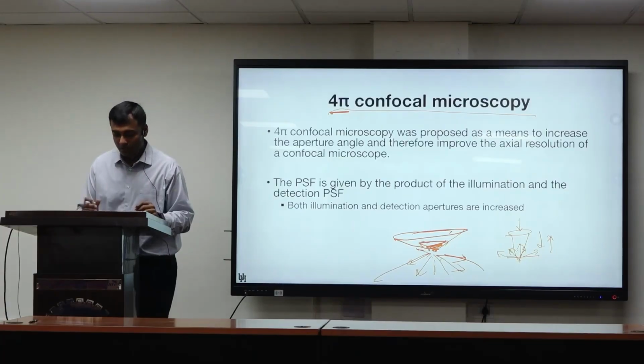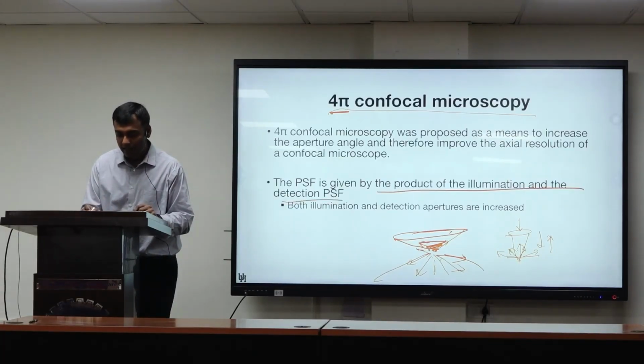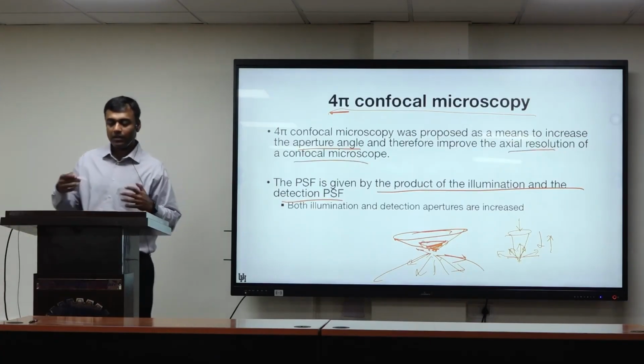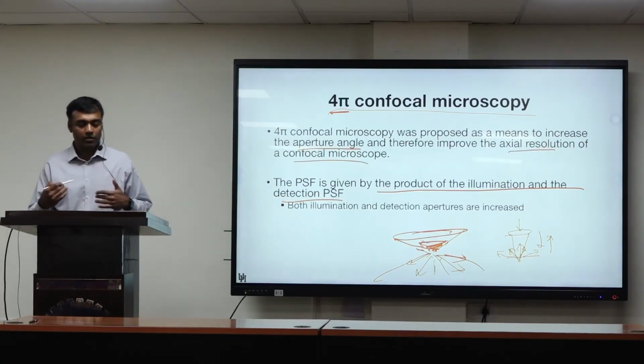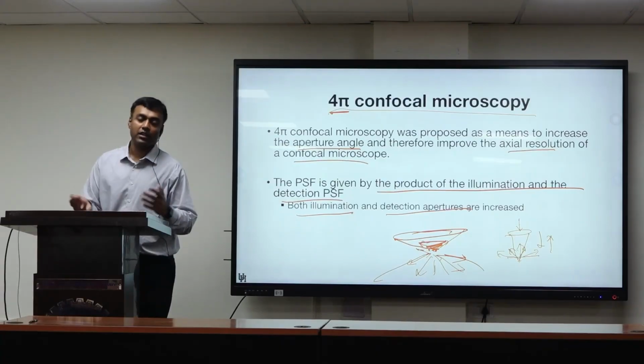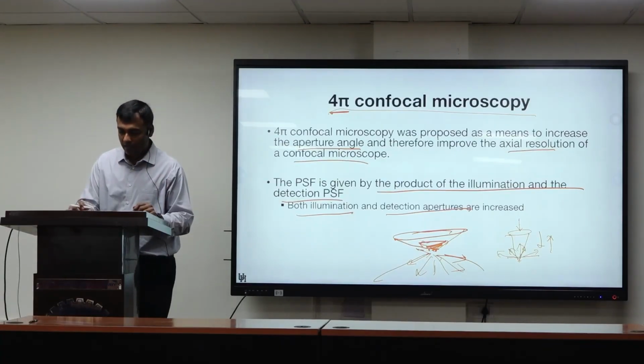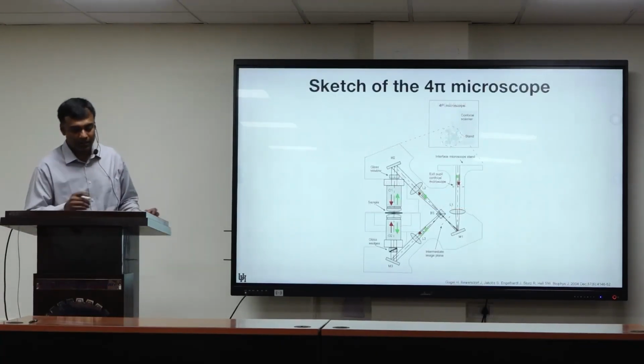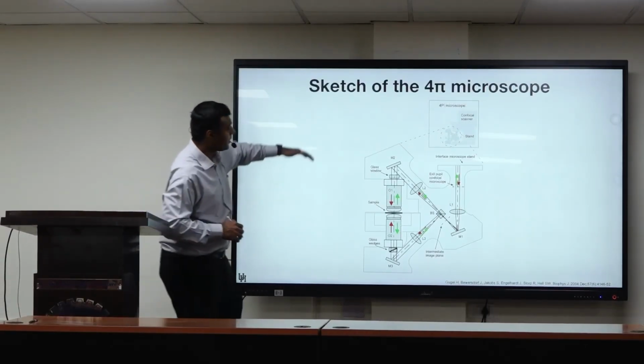In fact, the PSF is given by the product of illumination and detection, and the main idea here is we increase the aperture angles to get much better axial resolution than confocal microscopy, and both illumination and detection apertures are increased. So this is what the instrument looks like.